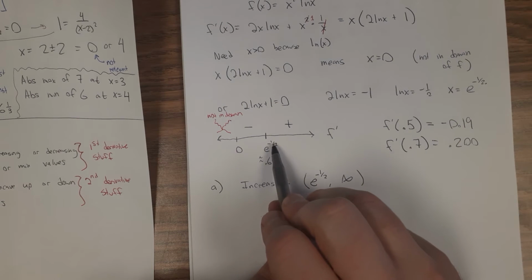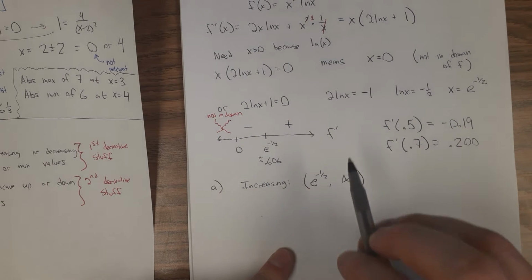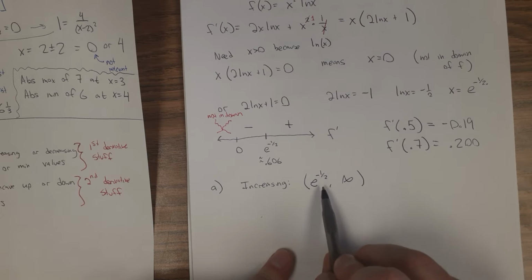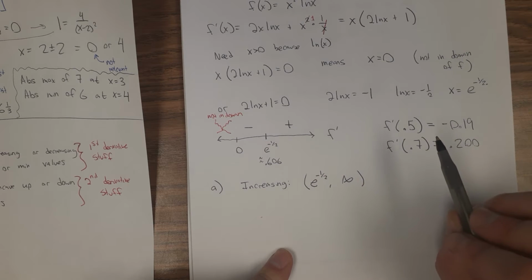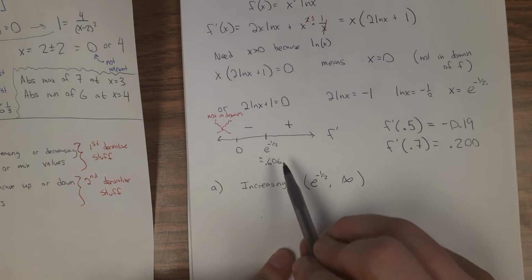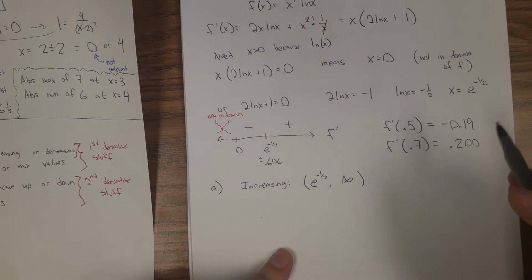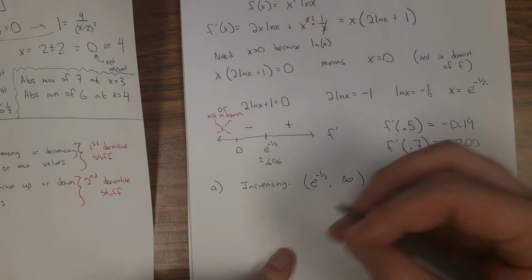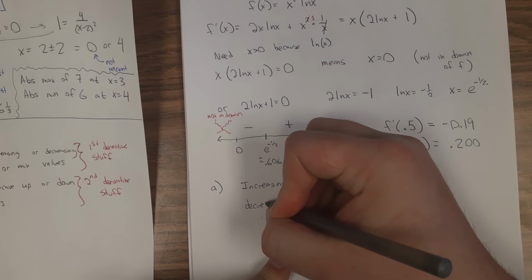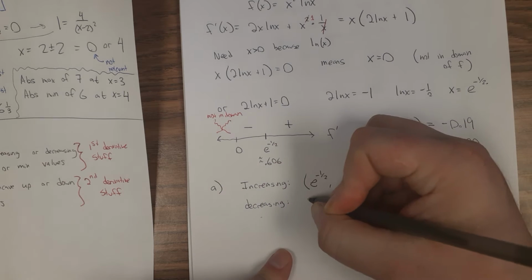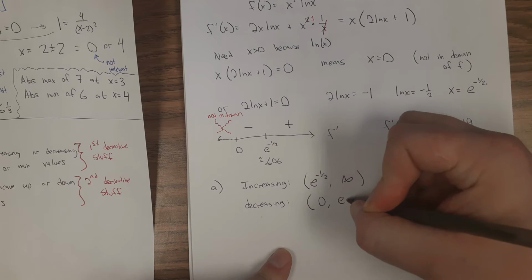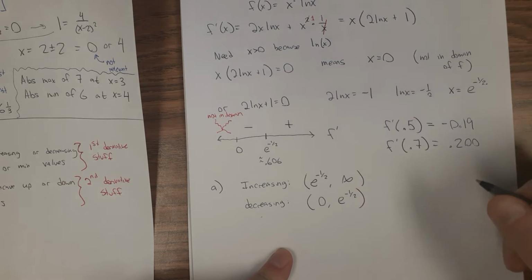I'm writing e to the minus 1/2 to infinity. I'm not writing 0.606 to infinity because that would not be exact. E to the minus 1/2 is not exactly this. It's just approximately that. And it's decreasing 0 to e to the minus 1/2.